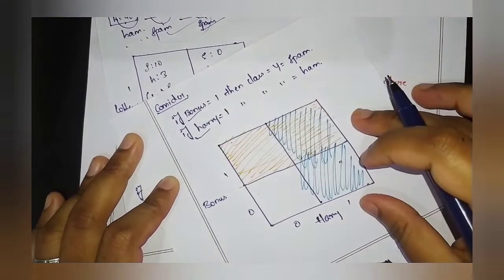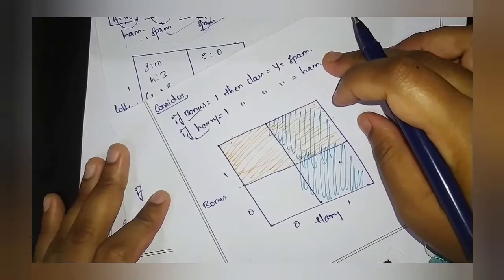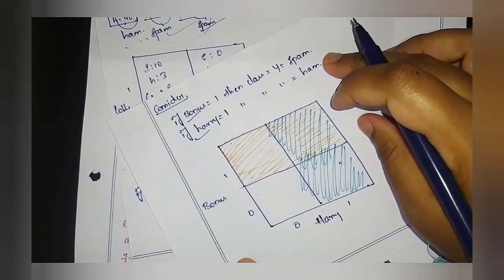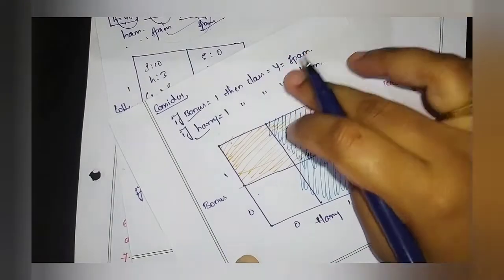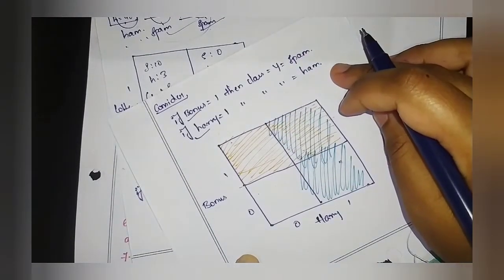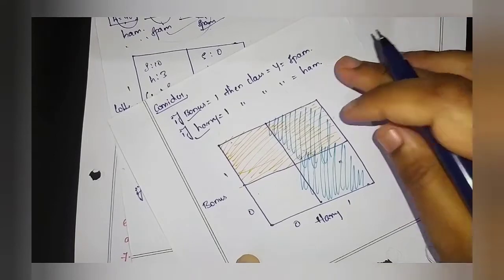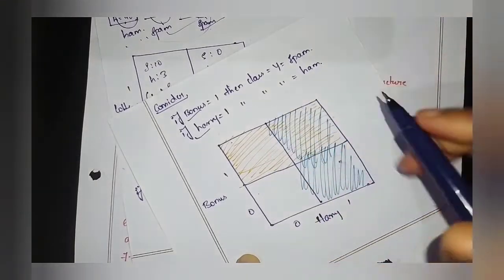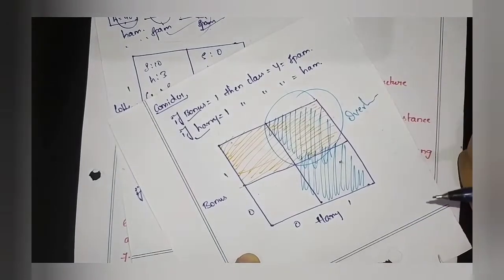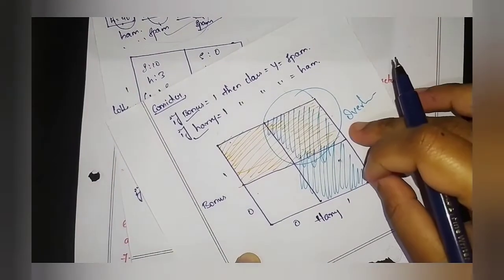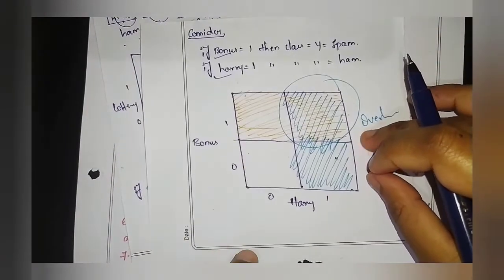So we have colored according to the conditions. Now it is giving some contradictory results, right? Because condition 1 says it's spam and condition 2 says it's ham. By this, it gives a contradictory result as it is overlapping. This is the case of overlapping. These are cases where we deal with disconnected statements.